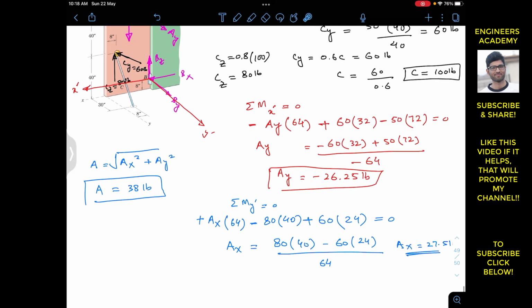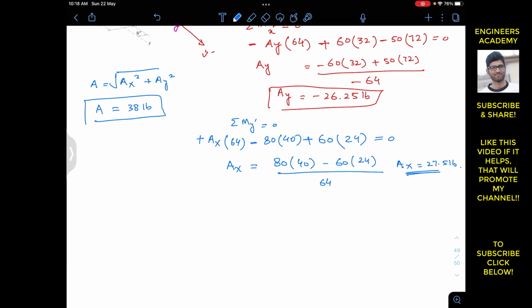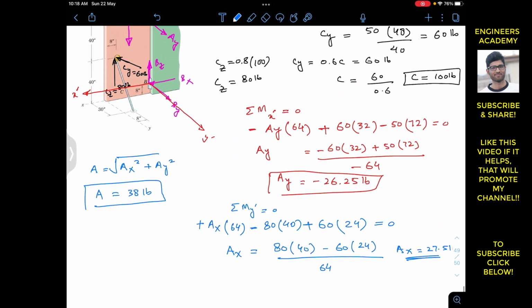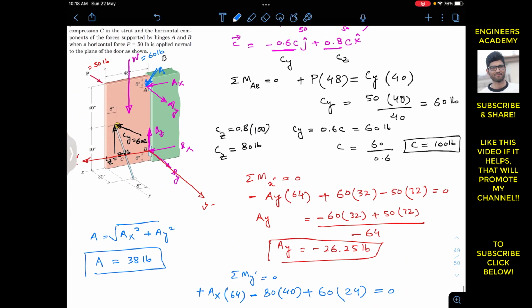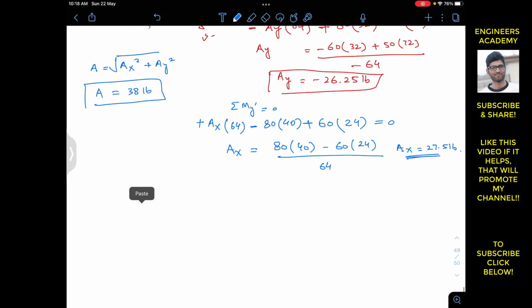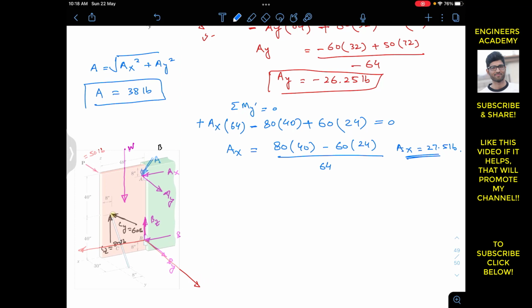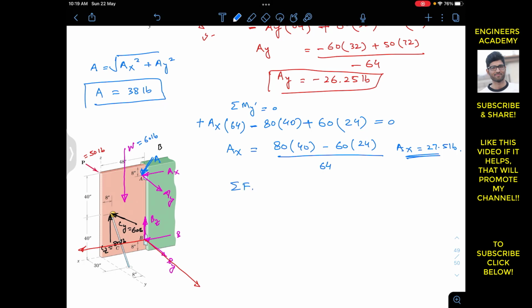So now for that we are going to apply the summation of forces along x equal to 0. So for that, let me copy this figure. Now the weight is 60 pounds. Let me write it here. Now the summation of forces along the x-axis must be equal to 0.